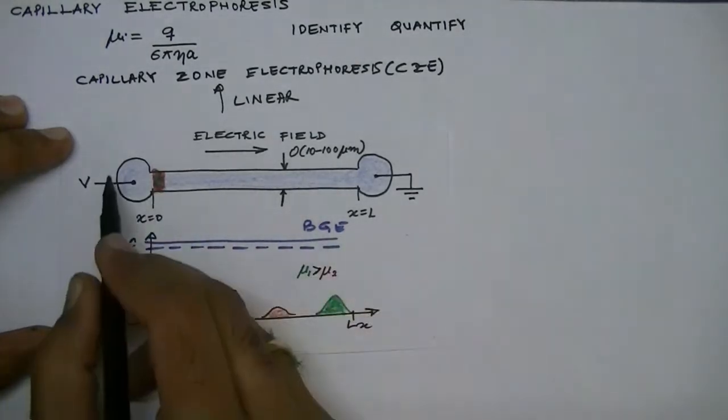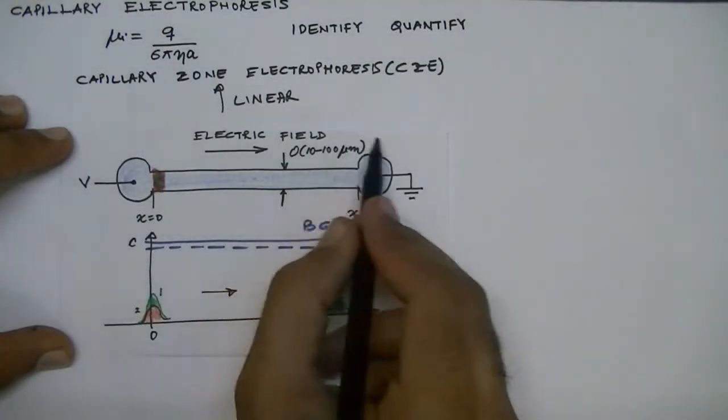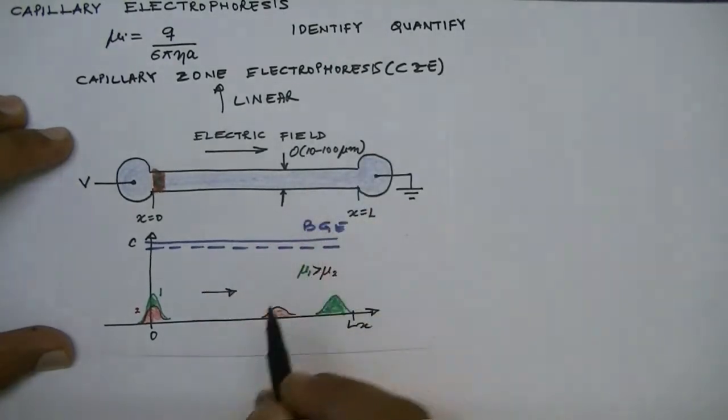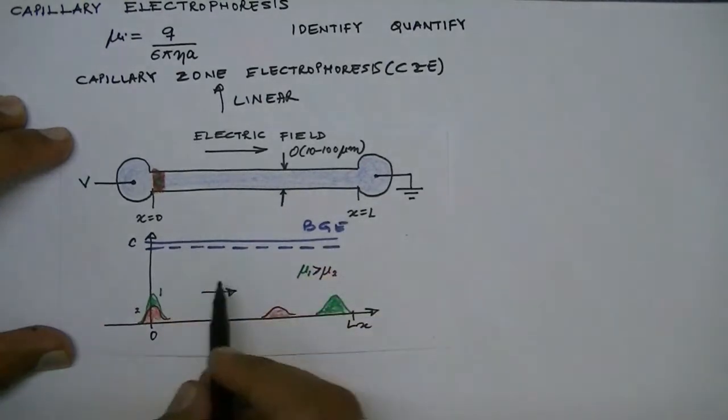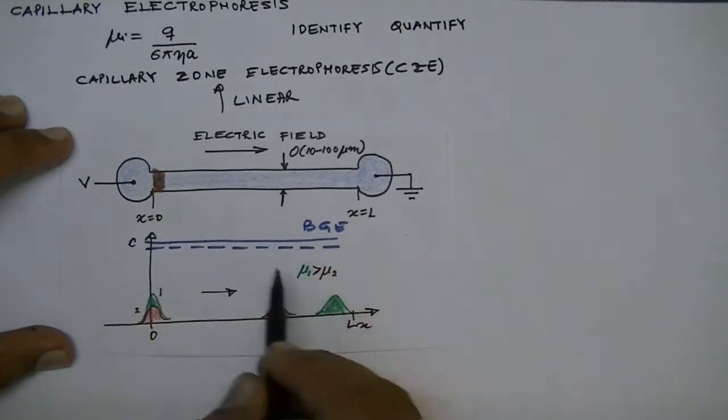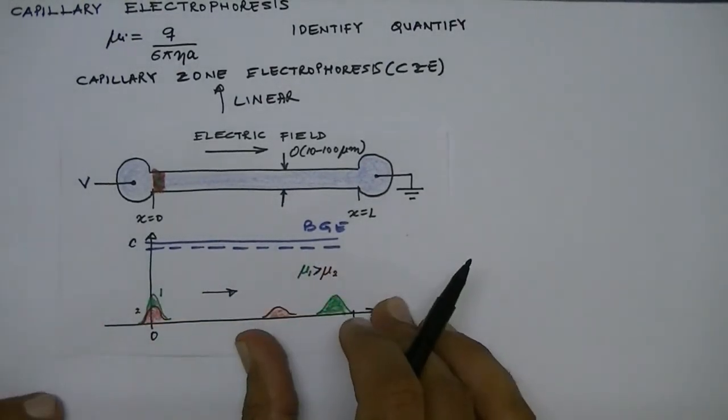In this capillary, which is of the order of 10 to 100 micrometers, we fill the capillary with a background electrolyte. So what is a background electrolyte?